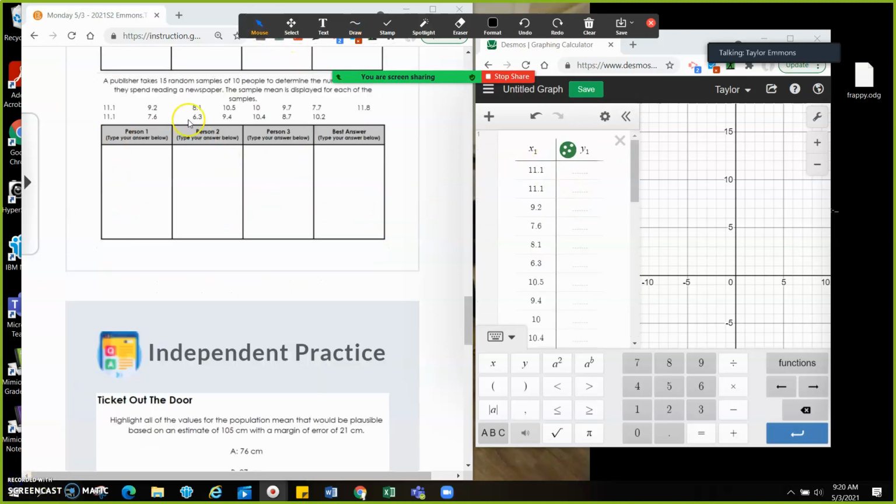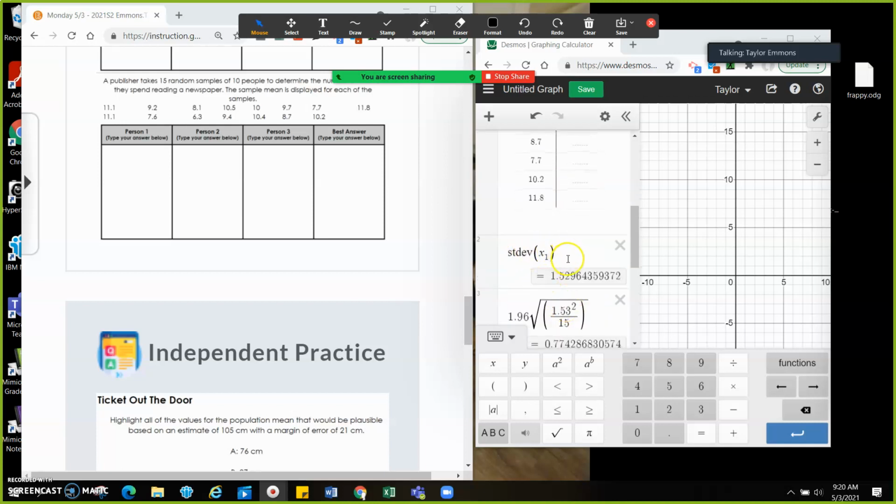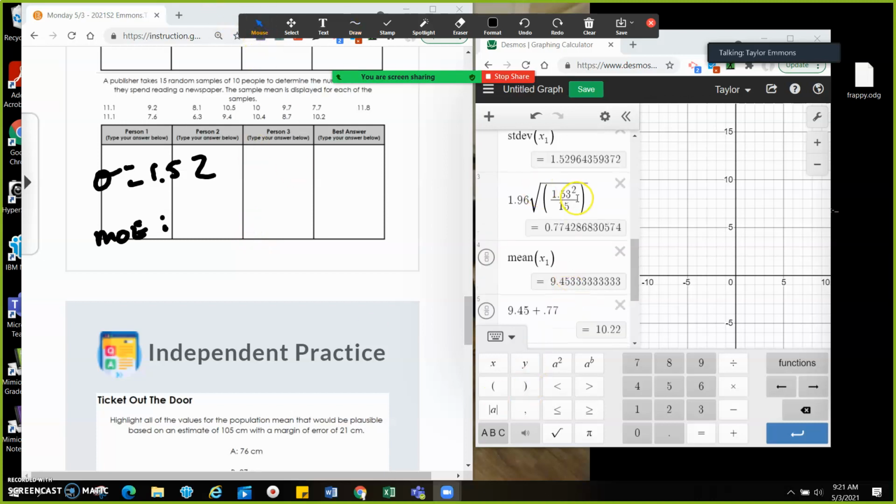After you type all of these numbers into your calculator, you click on standard deviation, and that's going to give you 1.52. So on my paper, I'm going to write 1.52. For your margin of error, you're going to do 1.96 times the square root of 1.53 divided by 15, and that's going to give you 0.77.